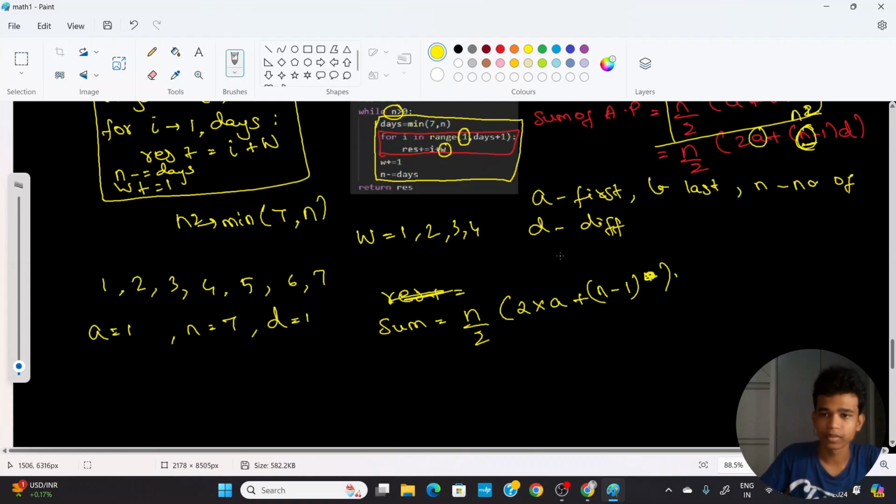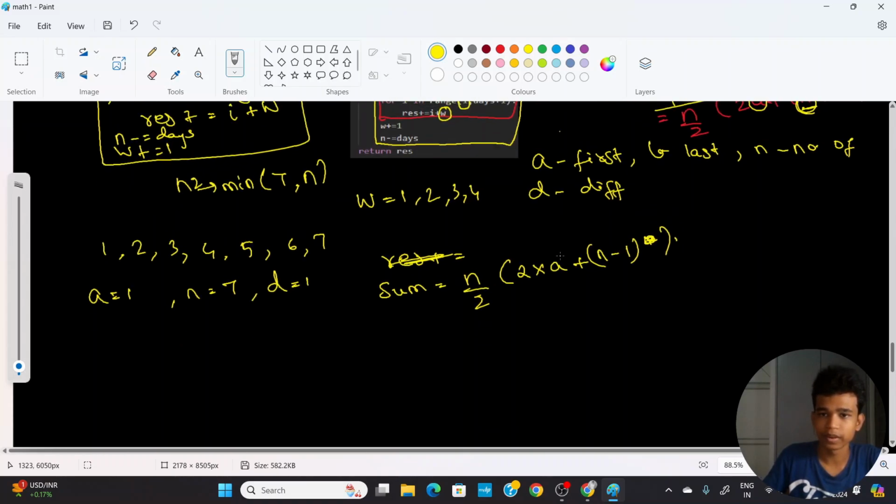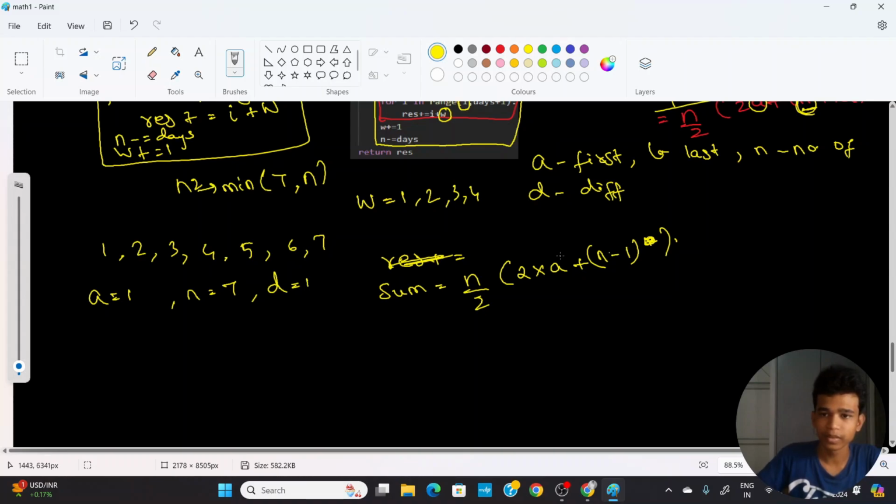That's it. We just finish it like this. This n will be n2, because we are finding the min of 7 comma the remaining days. If the remaining days are greater than 7, we want to take only 7.